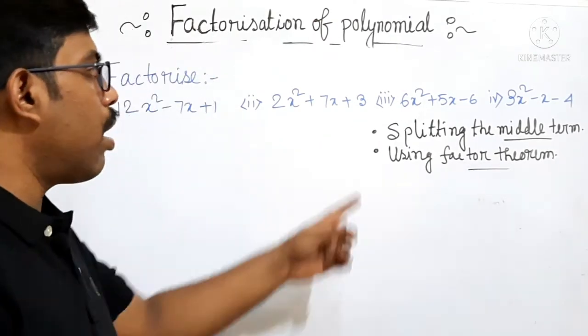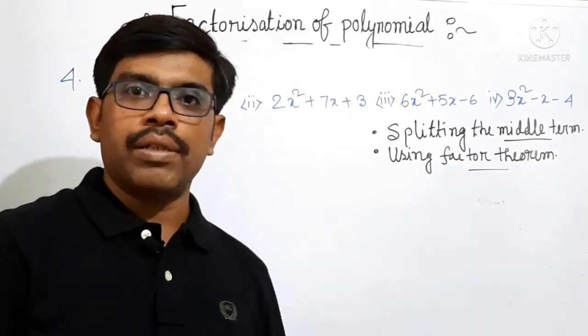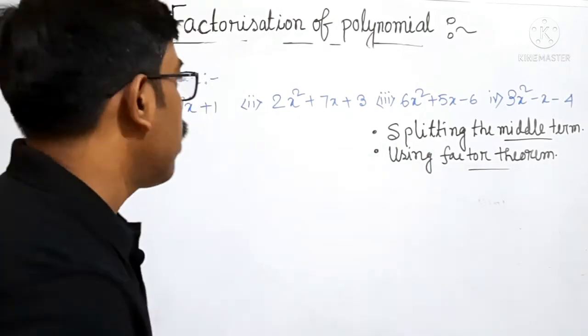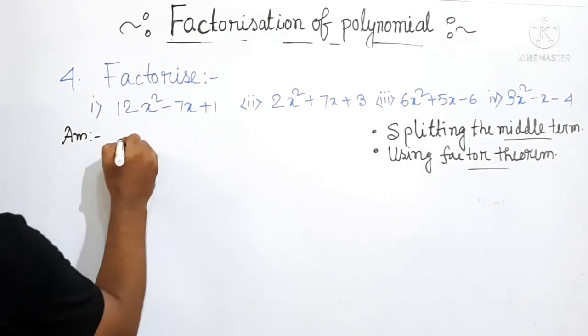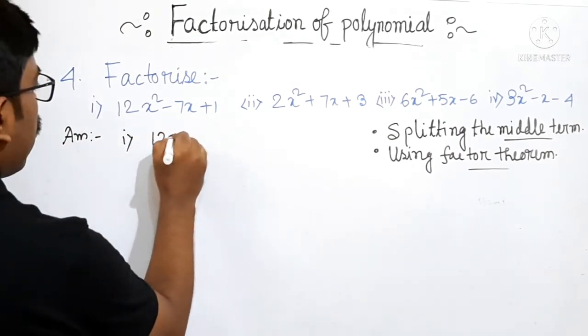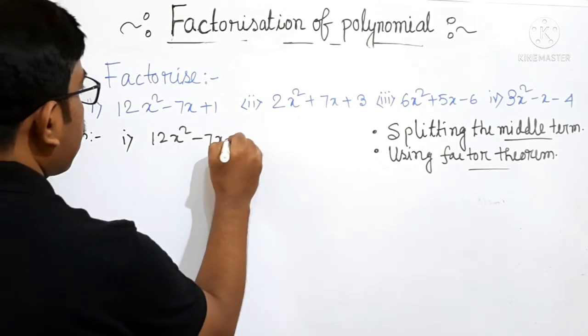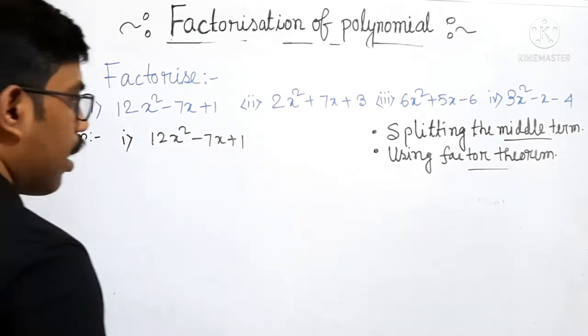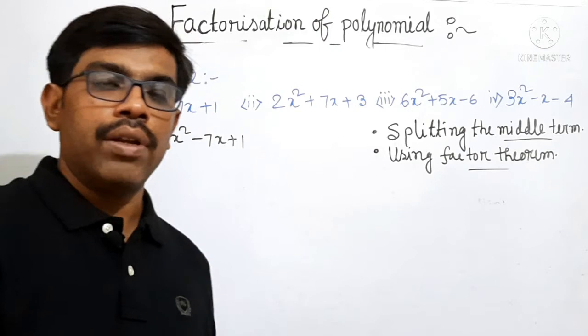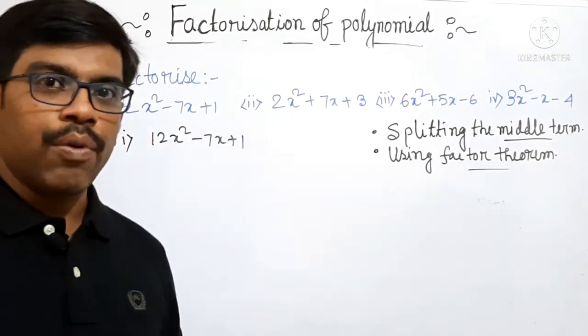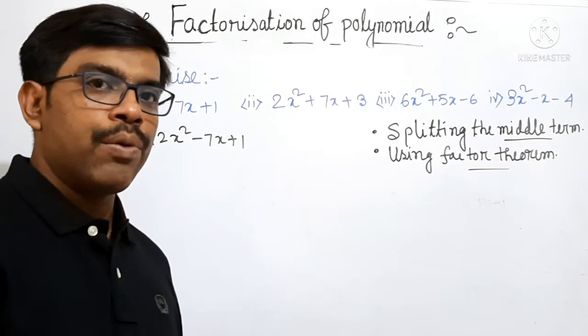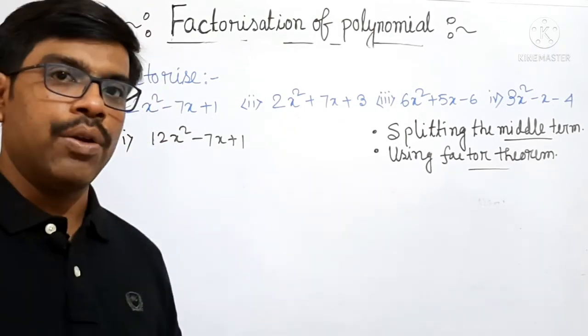At first we will learn the splitting the middle term procedure. So at first we will take problem number 1, 12x square minus 7x plus 1. You have to listen very carefully to what I am telling you. If you listen carefully and follow me, then I think all of you can do the remaining problems in your home.